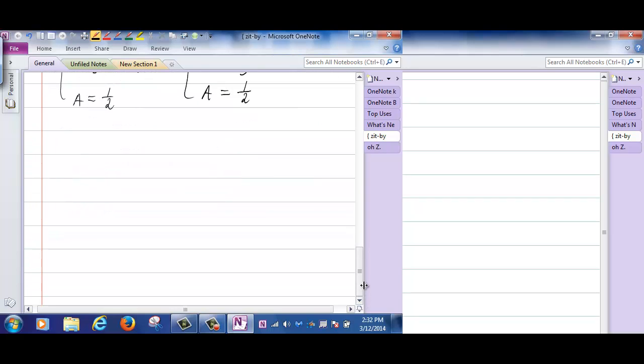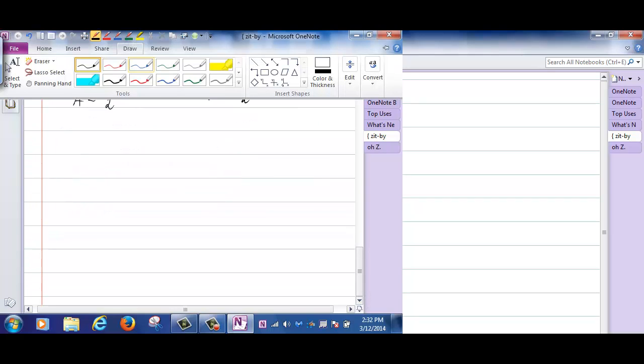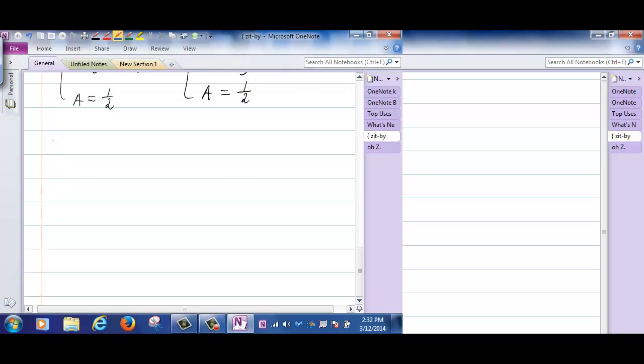So now we need to go back to our original fraction, x squared plus 2x minus 1 divided by 2x cubed plus 3x squared minus 2x.